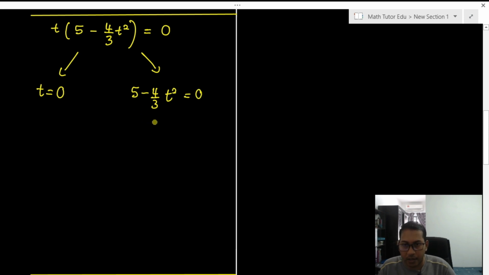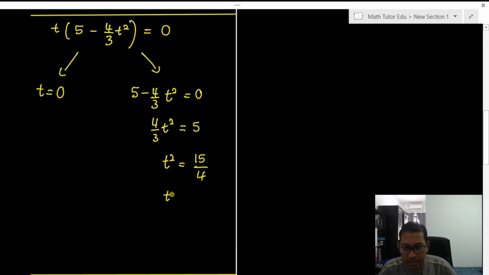Okay, so from here 4 over 3 t square is actually equal to 5. To find t square, you do 3 times 5, so you get 15, and you divide the 15 by 4, so you get t square equals to 15 over 4.